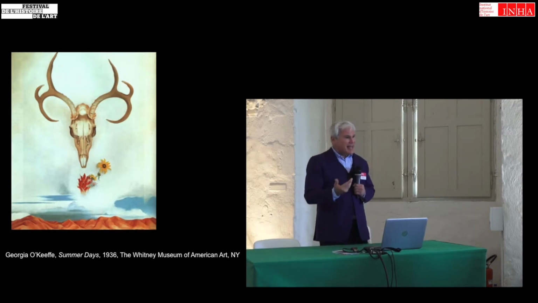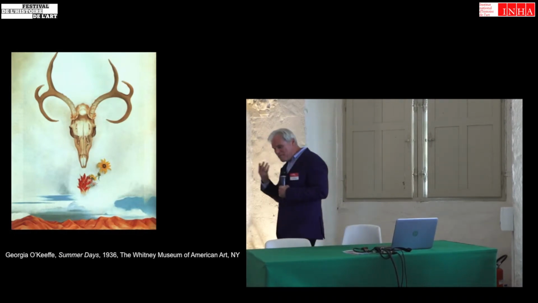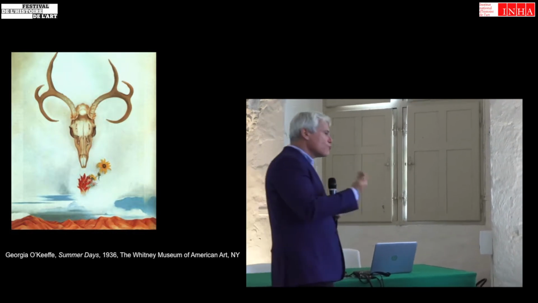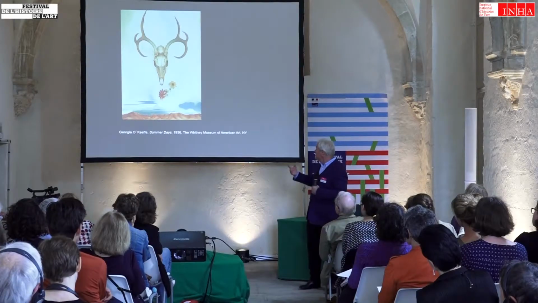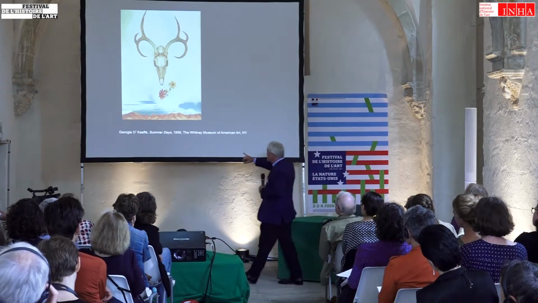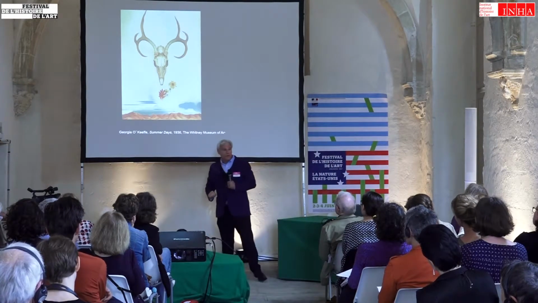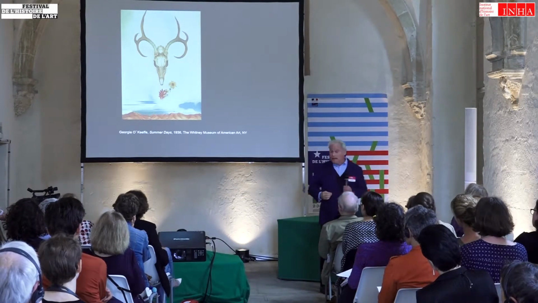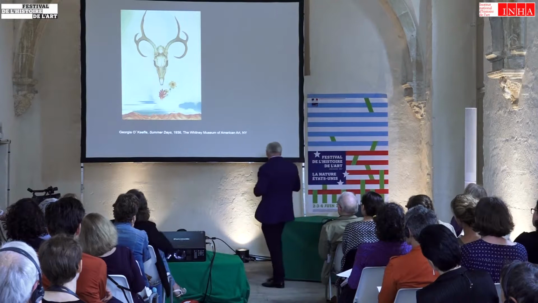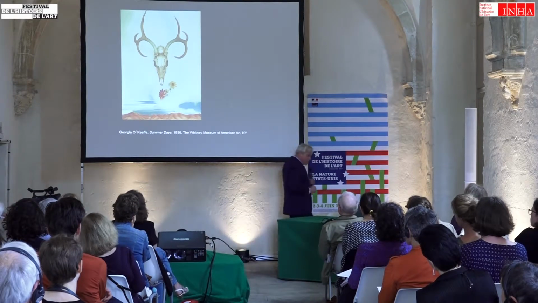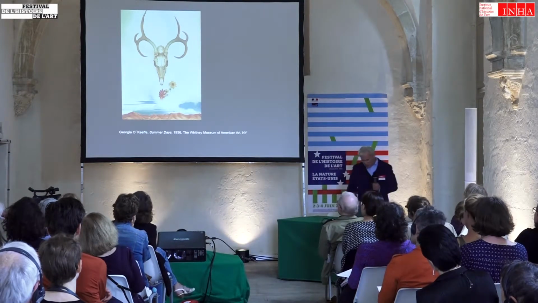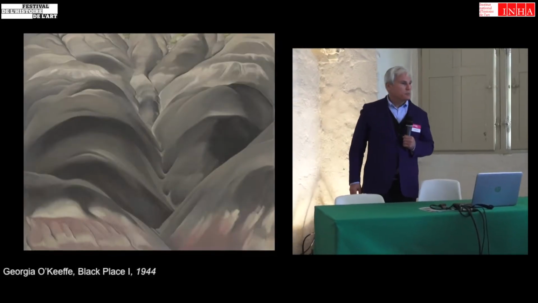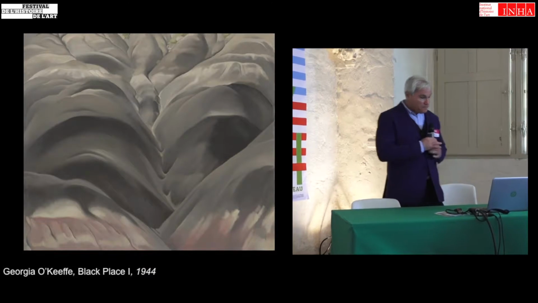And again, this invocation of a female embodiment in a form that will deny an erotic male gaze. Here you even have, right, the flower below the skull as if to seal the case for their equivalency. And not only would she do this with skulls and flowers in the desert, but she would even do it with the desert itself. This is Black Place number 1.